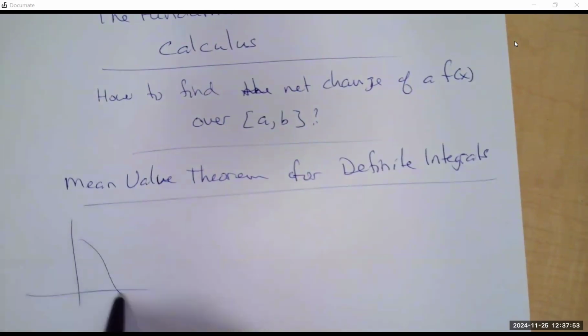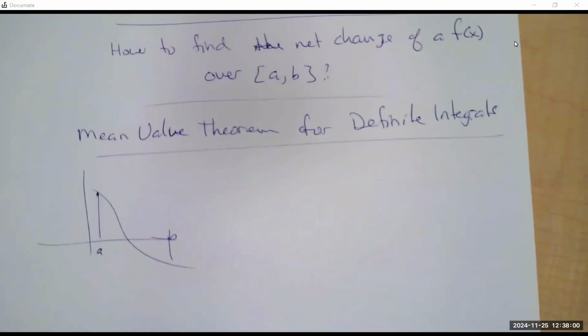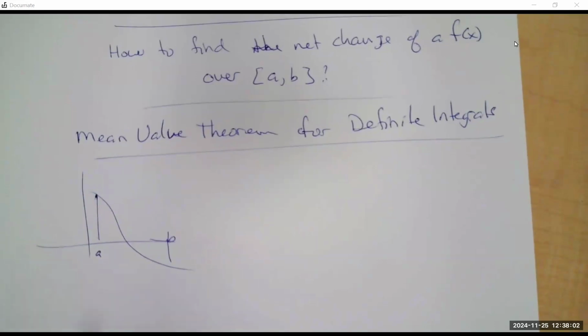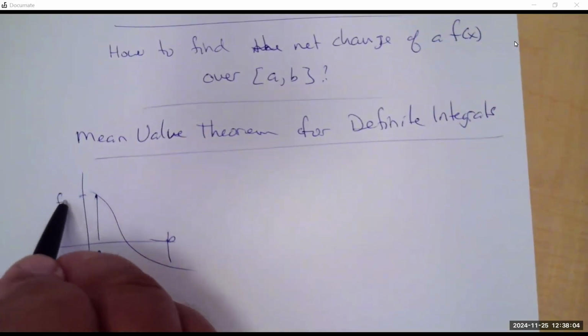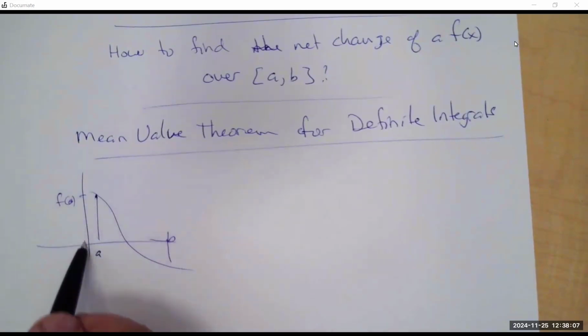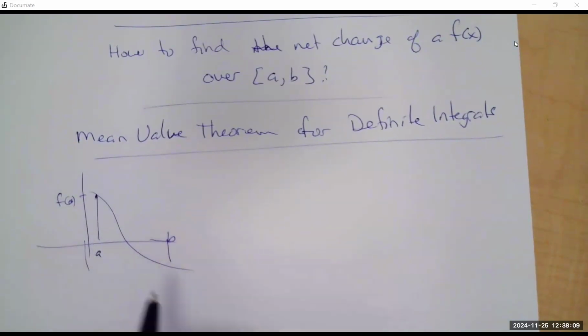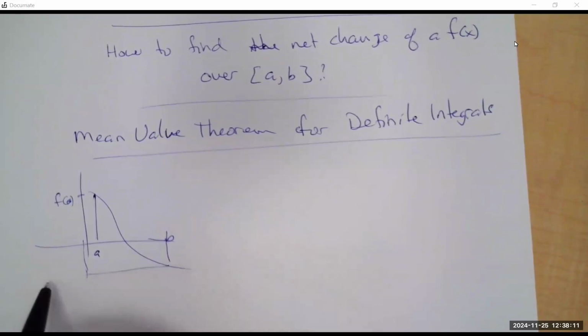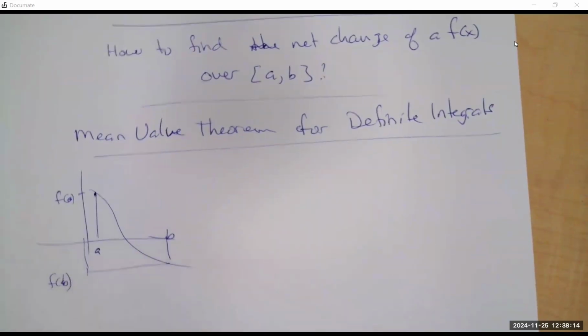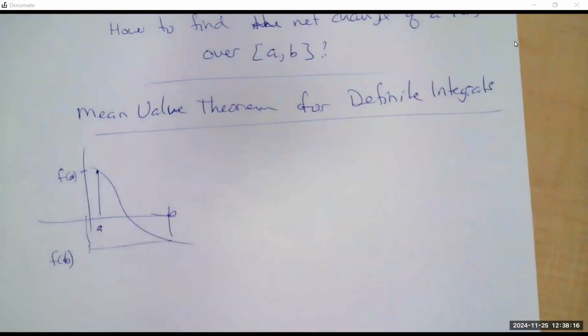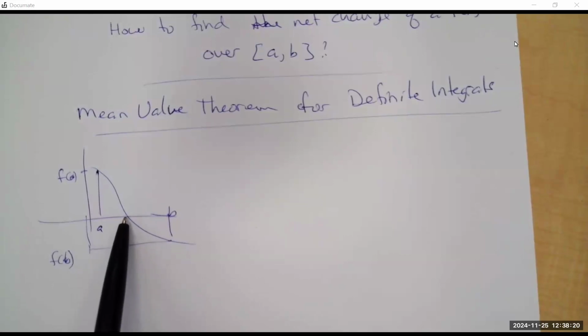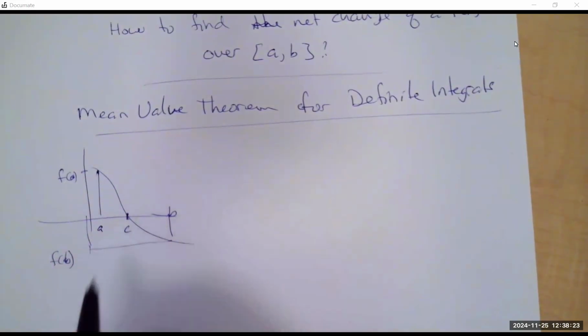If I have a function at A and B, and f of A and f of B have different signs, then I'm assured that there's a point somewhere between A and B where it equals 0.